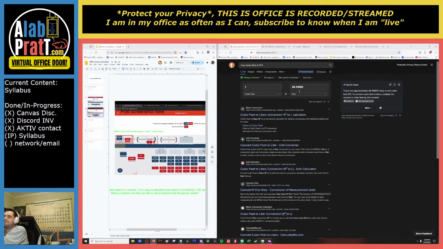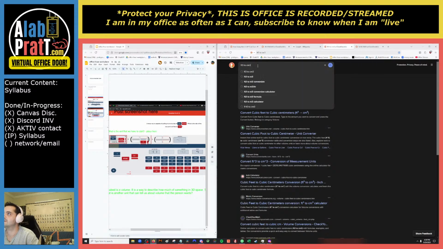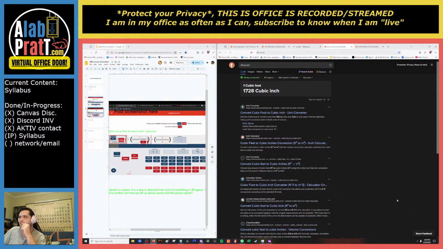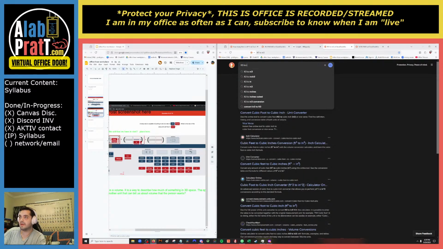Not quite. We haven't quite found the thing they want to convert it to. Feet cubed to, what is our other one? Milliliters maybe? Or inches cubed? 1728. No. There's no way they would do that, right?